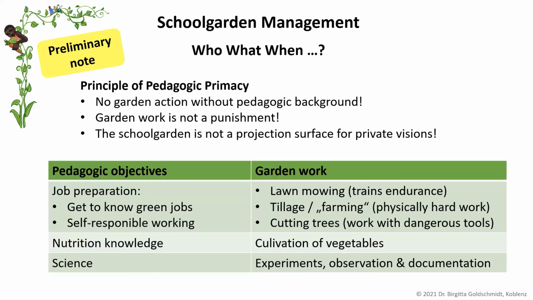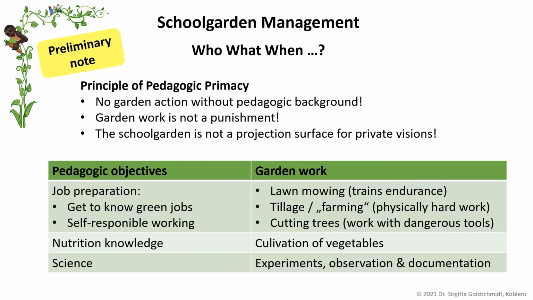So, for example, if your objectives are to prepare your students for jobs, that they get to know green jobs, or that they learn self-responsible working, then garden work could be, for example, lawn mowing, which trains the endurance of the students, or tillage or farming, which is physically hard work, so that they learn how it is to work physically hard.